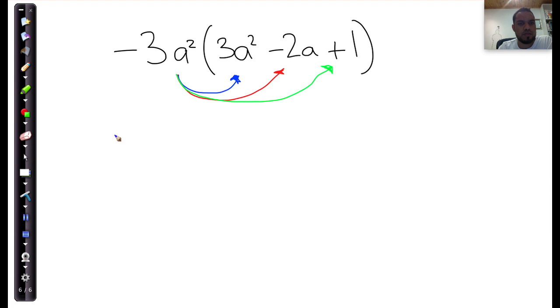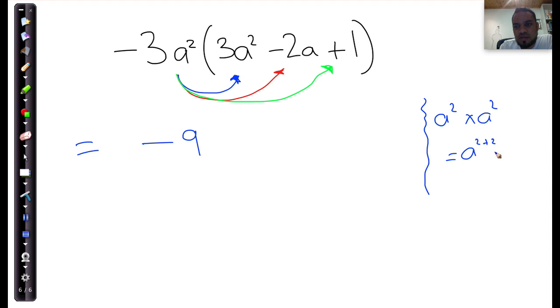Let's start off with blue. A negative multiplied by a positive number has to be negative. And then 3 multiplied by 3 is going to be 9, and a squared multiplied by a squared, according to exponent laws, a to the power of 2 multiplied by a to the power of 2 is equal to a to the power of 2 plus 2, which is equal to a to the power of 4.